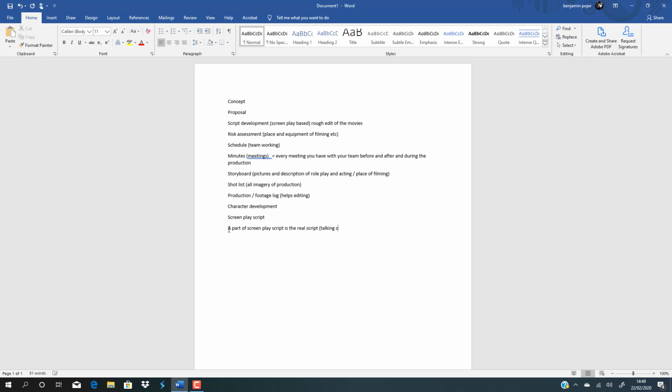So part of the screenplay script is the real script, but you want to then write it on the screenplay script, and once finished, write out individual scripts for characters, etc. Take from screenplay.